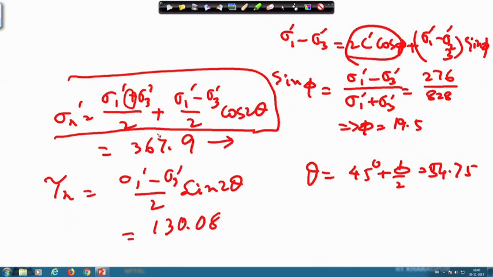So, it is best to understand the Mohr circle properly and apply it. If you draw it on a proper graph sheet, you can directly read those values. Otherwise, as I have shown, you can apply simple geometry and find the appropriate terms.